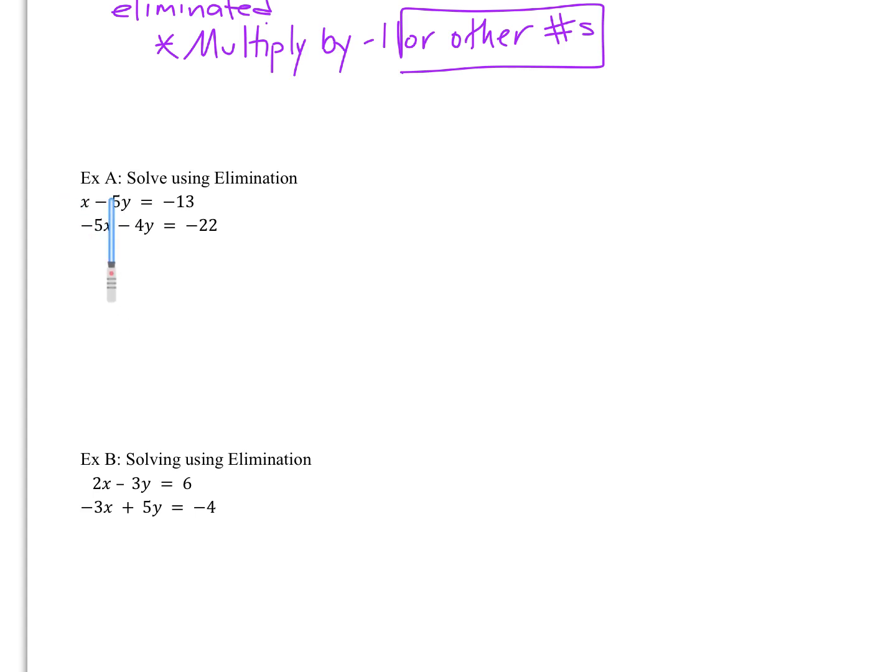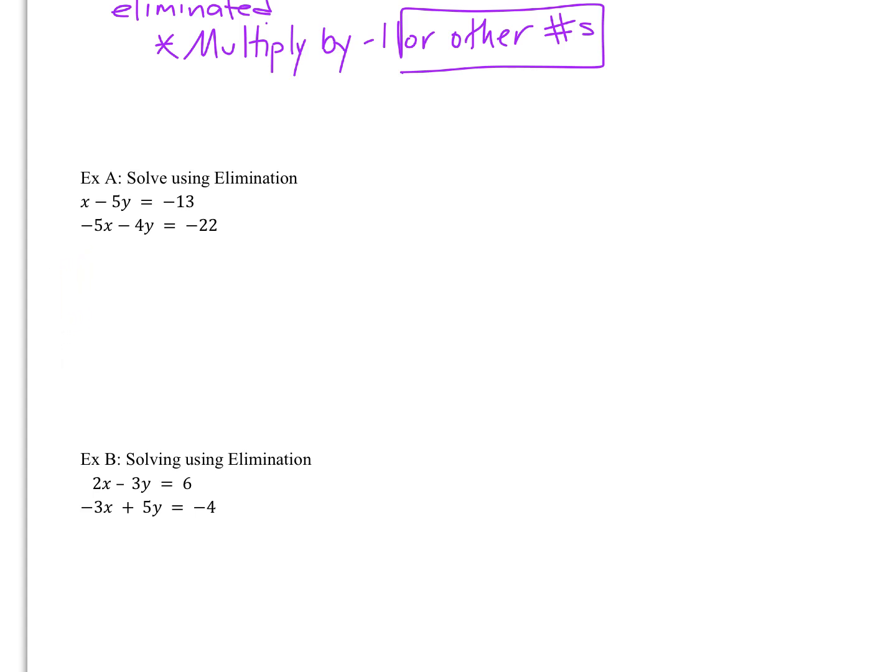But just to check with the y's, 5y and -4y, those are not easy to multiply to get one or the other, right? So if I look at this first equation, what could I multiply it by that would cancel out a -5x? Or what's the opposite of -5x?